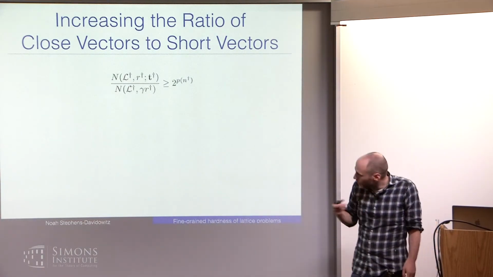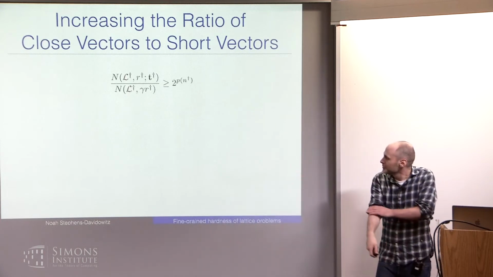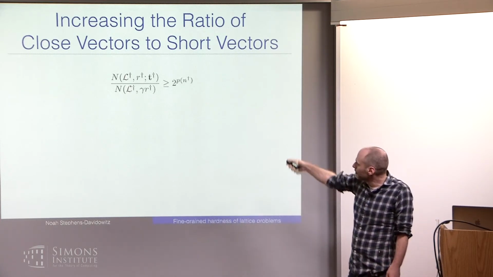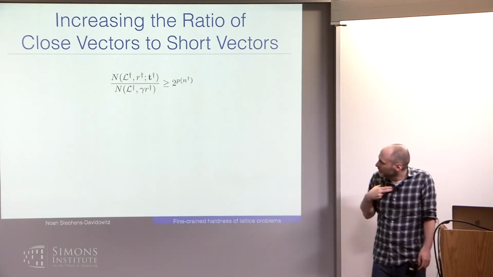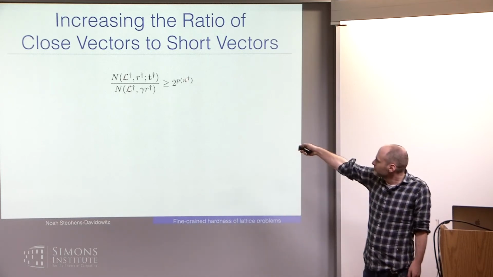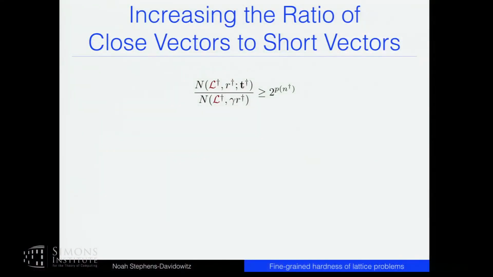Okay. So we want this ratio to be larger than 2 to some polynomial in the dimension of our gadget lattice, which I'll write as n dagger. And actually, formally, we need very slightly more than that, or maybe not so very slightly. We need to be able to throw some approximation factor gamma down here.